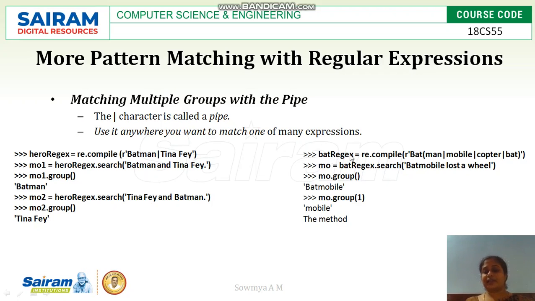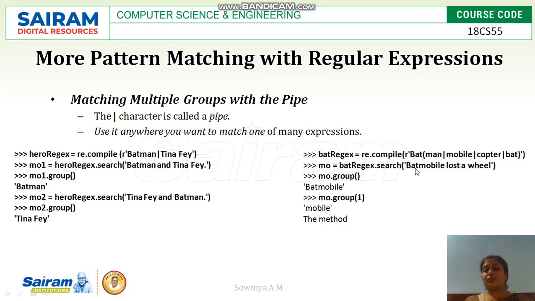We have a better example where Bat can be matched with man, mobile, copter and bat. We have a search string, Batmobile lost a wheel. So mo.group will search for Bat. Bat is the common value to be searched, so Bat will be searched. In the group we have man, mobile, copter and bat, so it searches for man, but our string doesn't have man as the next group; it has mobile, and we have Batmobile.